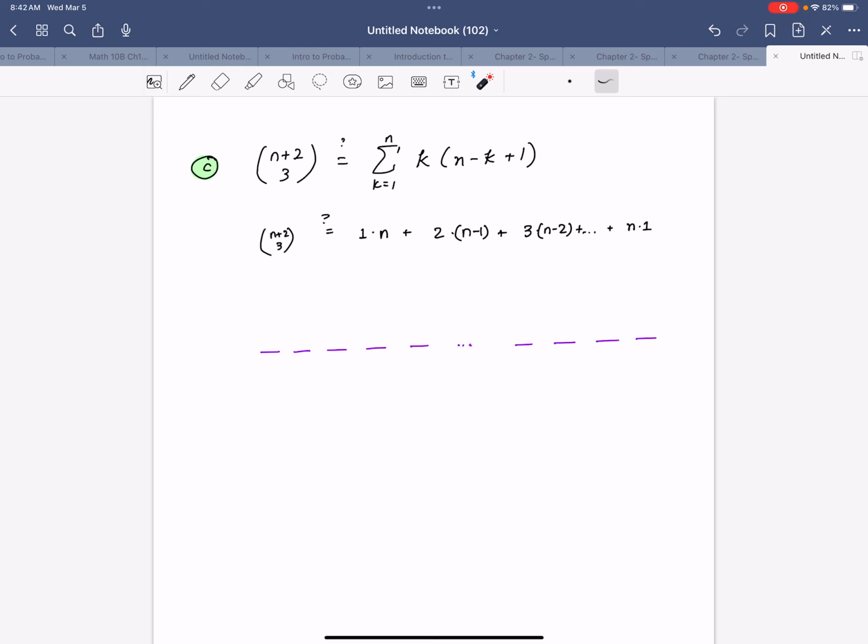So I see this 3 here, and I'm thinking, imagine if I'm trying to add up the number of ways to choose 3, so like this will be the first item.